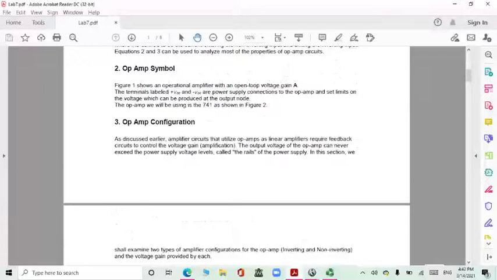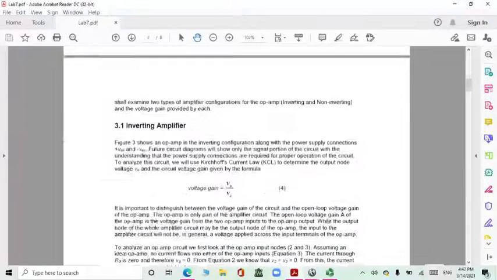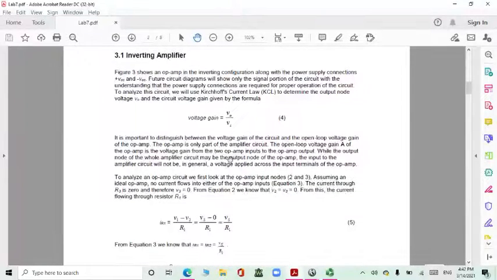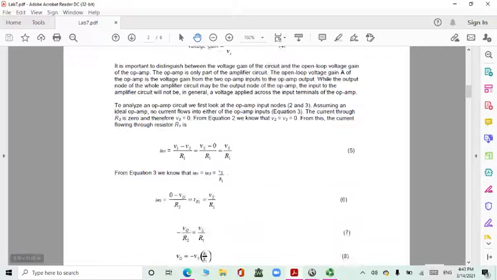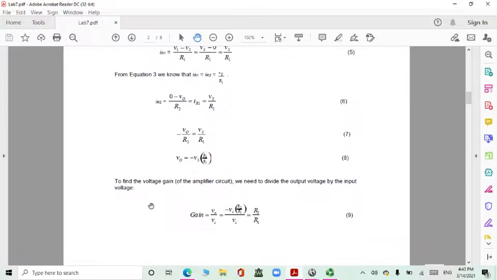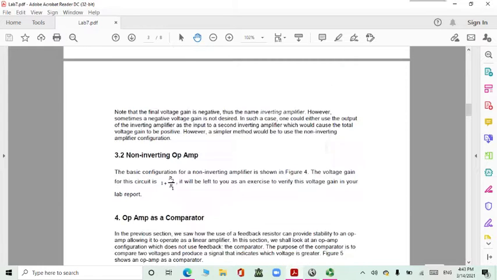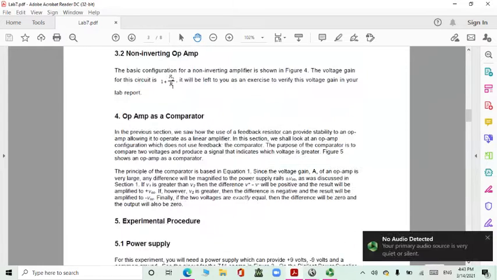If you read the sheet, this is your voltage gain, which is V out divided by Vs, or V input, which is R2 divided by R1. This is the open loop gain. And for the non-inverting op-amp, this is your gain: 1 plus R2 divided by R1.